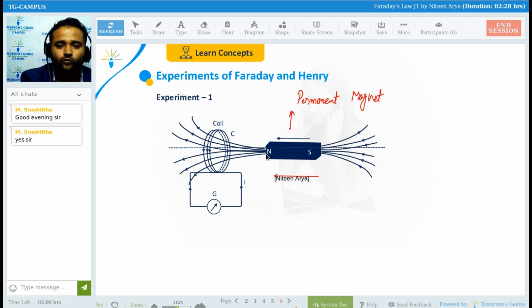Whenever we move this magnetic field towards this coil, you can see the generation of current. This is the current, as you can see in the arrow.